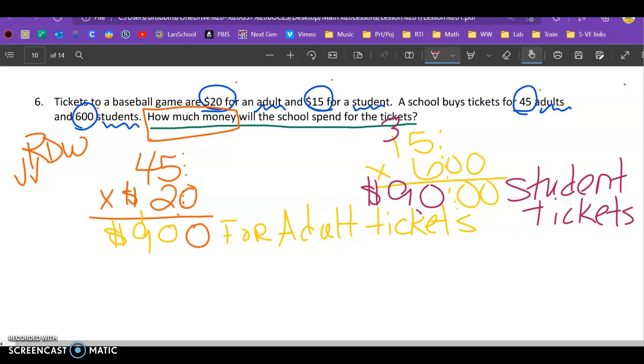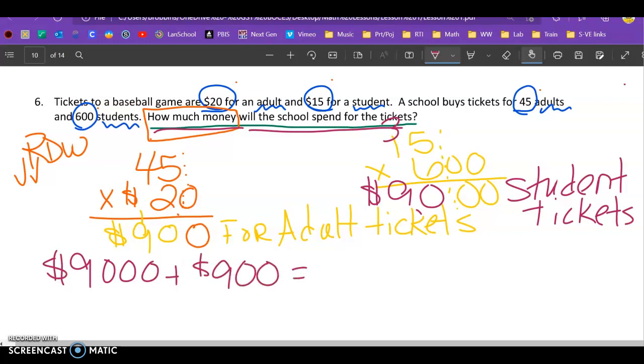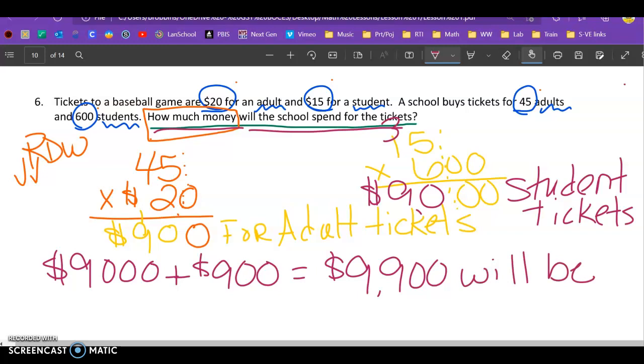So then our question says, how much money will the school spend? Well, now we have to add together the 900 for the adults and the 9,000 for the students, and that will be $9,900 will be spent on tickets.